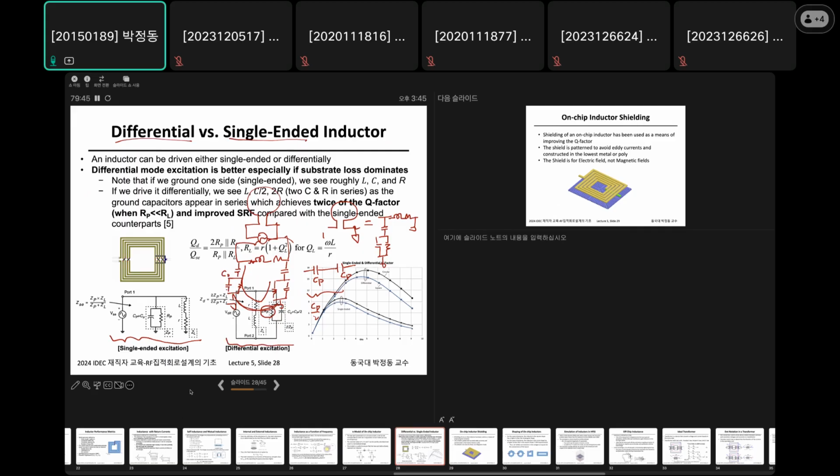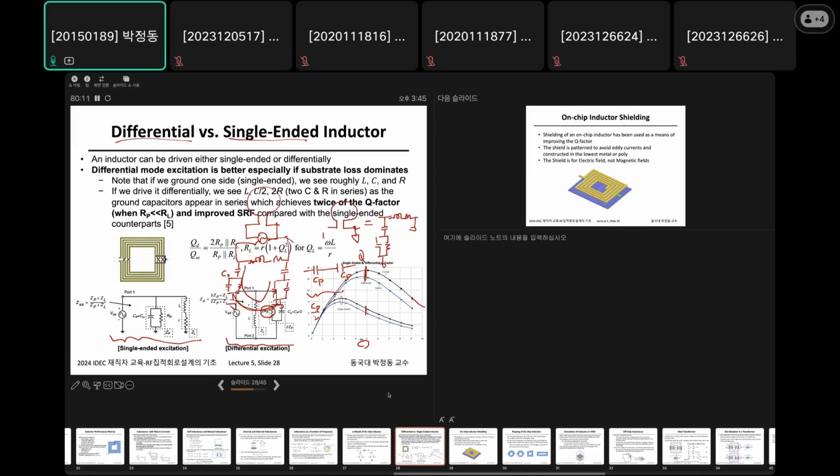So if you draw this as a function of frequency, you can see the differential pair has a much better Q compared with a single-ended structure. Moreover, the self-resonance frequency is almost twice.